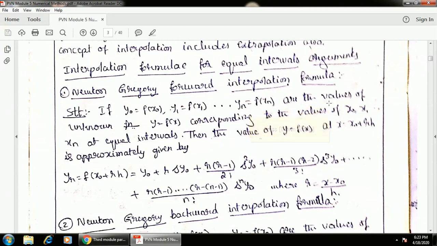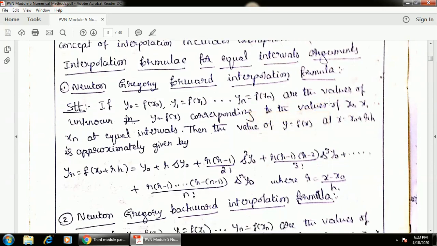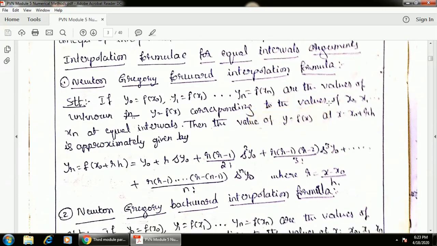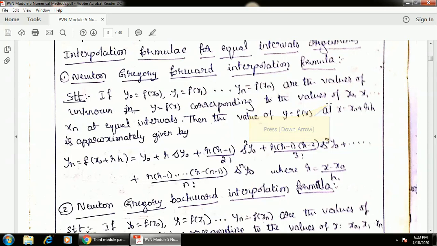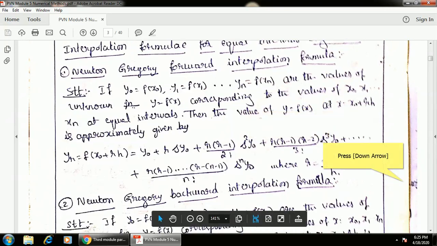The first formula is the Newton-Gregory forward interpolation formula. You need to learn this formula by heart.